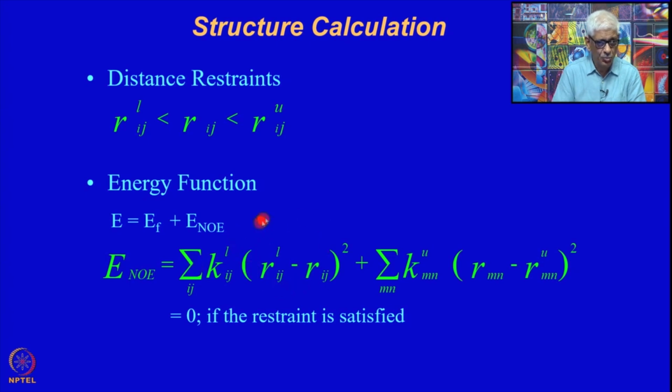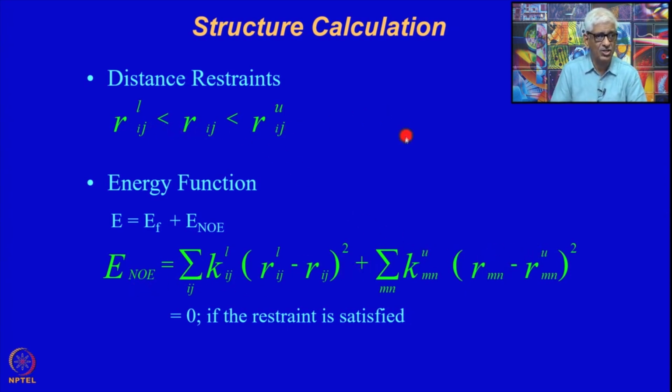This portion reflects the deviation of the distance in your model from the lower bound. These are harmonic oscillator potential functions. So, you have the deviation from the lower bound, and you have the force constant here, like a spring, and then you have the deviation from the upper bound, and you calculate this for all your distance pairs.